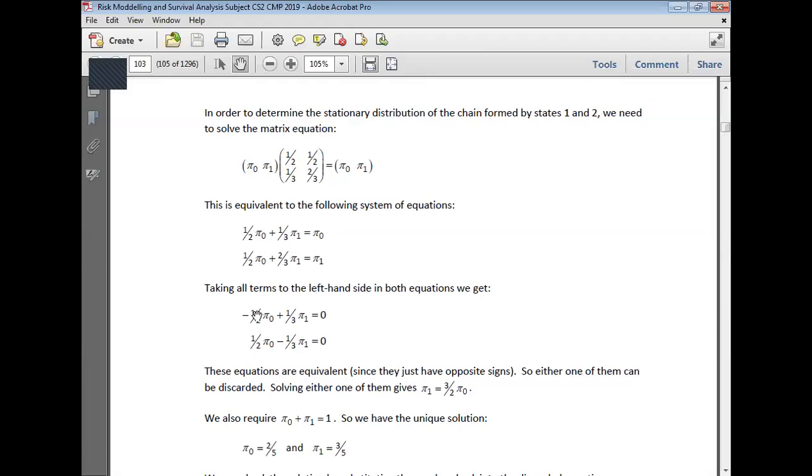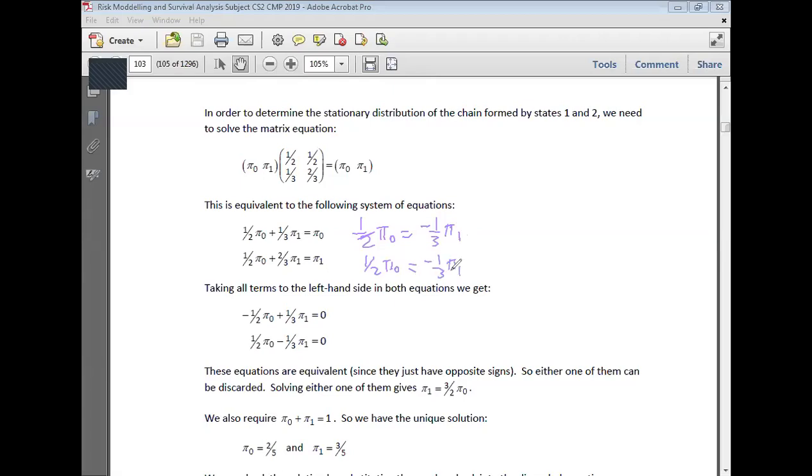If you try to rearrange these equations, they give you the same thing. So what you get is a half of pi 0 is equal to minus 1 by 3 pi 1, and you get the same thing here: half of pi 0 is equal to 1 by 3 minus 2 by 3 minus 1 by 3 pi 1.